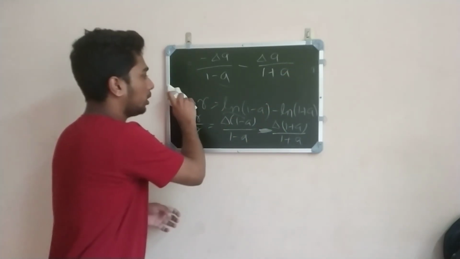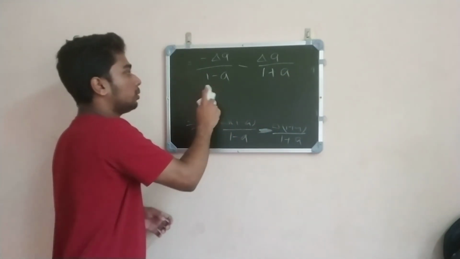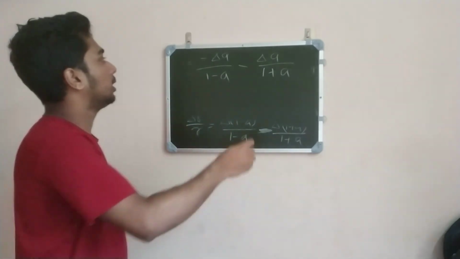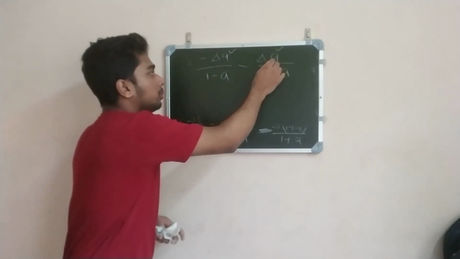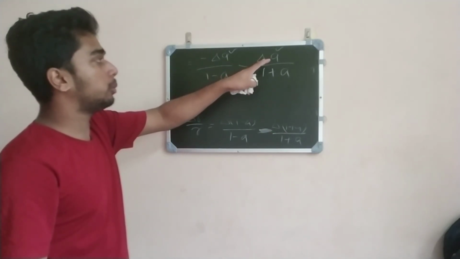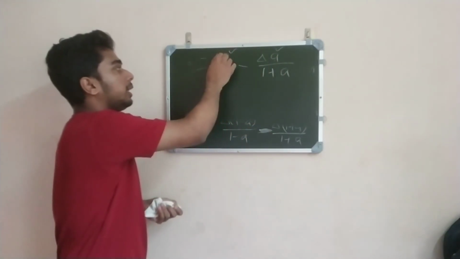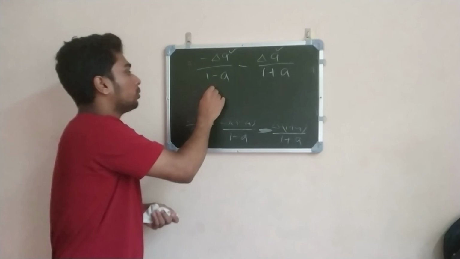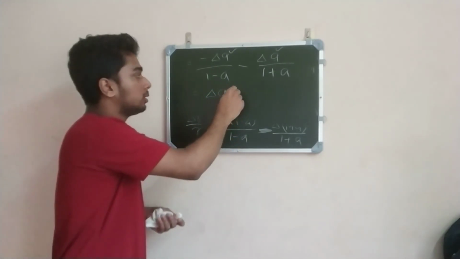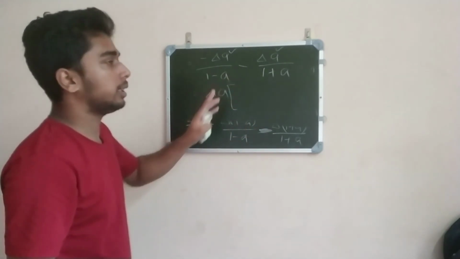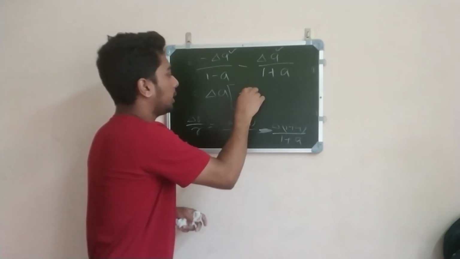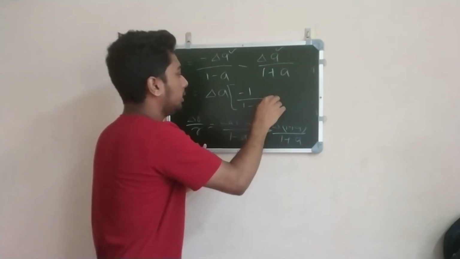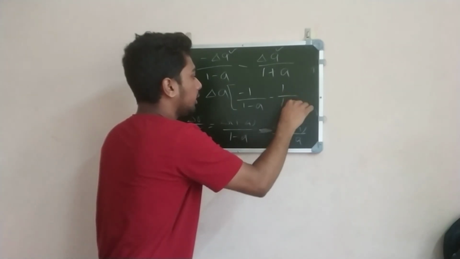If I continue to solve this expression, take delta a common, because it appears in both terms. So I am taking delta a common and writing the rest within the bracket: minus 1 divided by (1 minus a) minus 1 divided by (1 plus a).